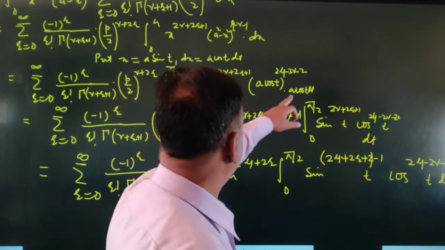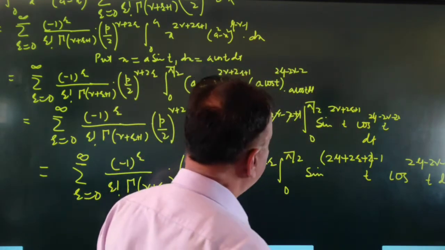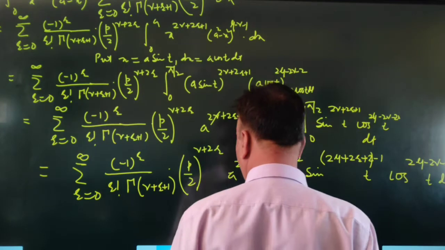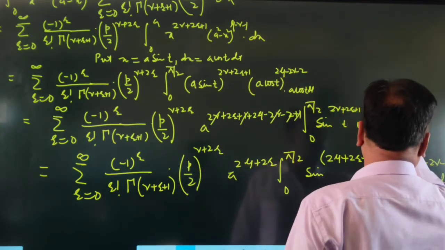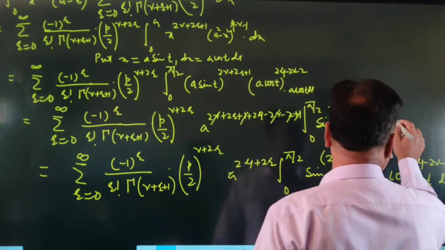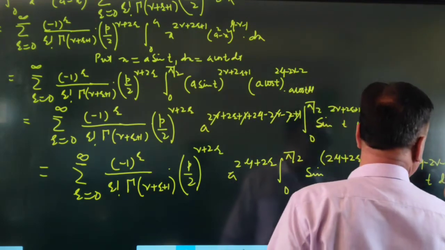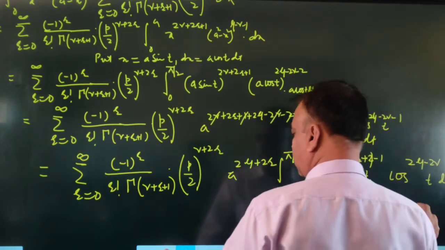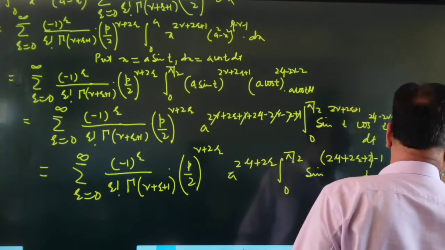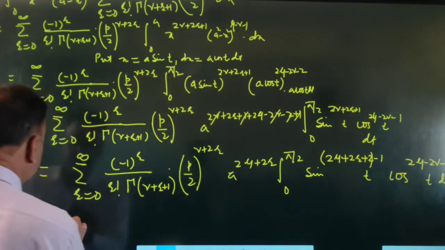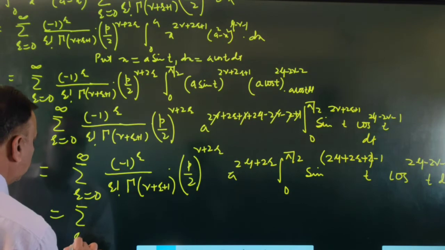Here cos t is also there, so this is minus 1, not minus 2, this is minus 1.